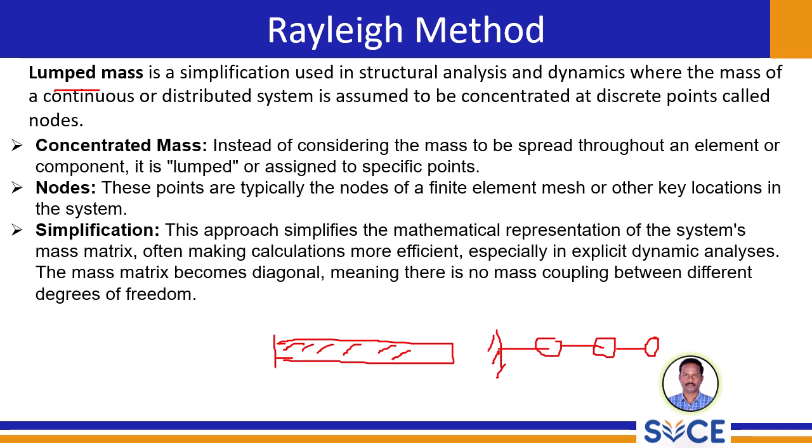The lumped mass matrix is a diagonal one, that is, the mass associated with one degree of freedom is not coupled with the mass associated with any other degree of freedom, which is a very important statement. So the mass matrix should be simply a diagonal matrix.